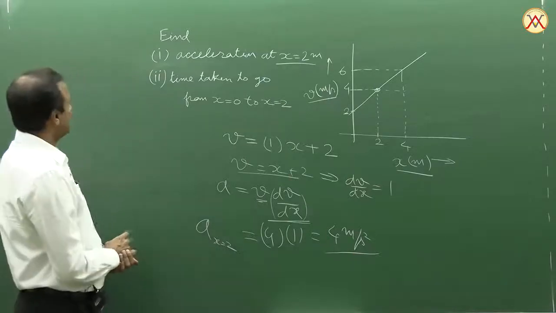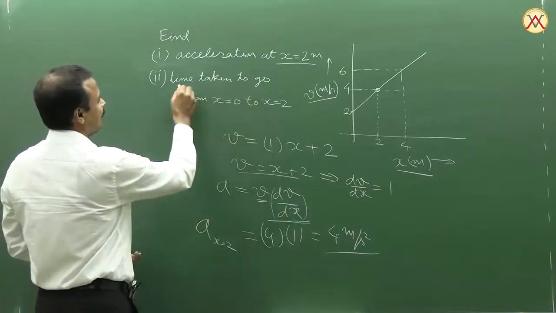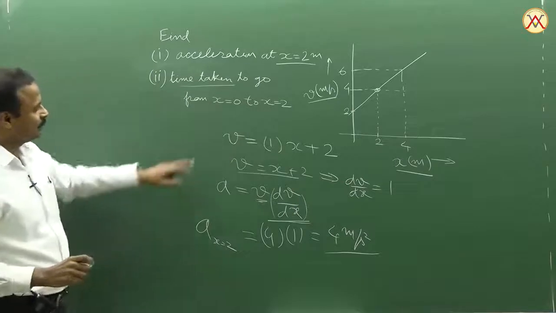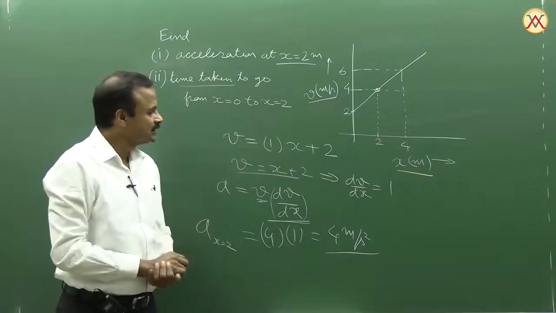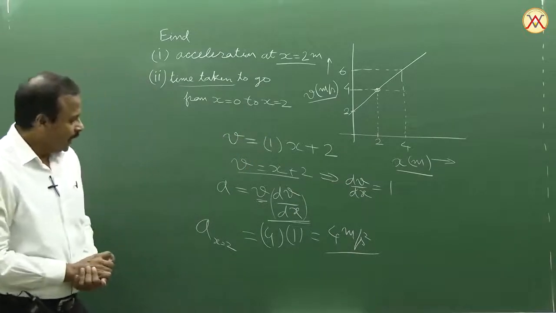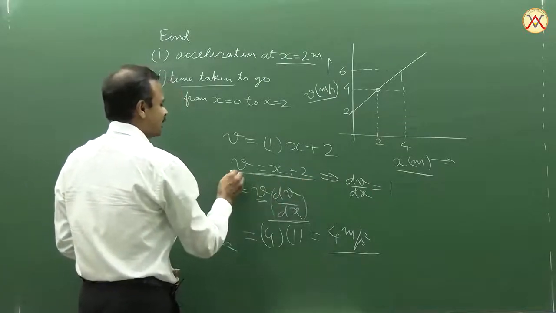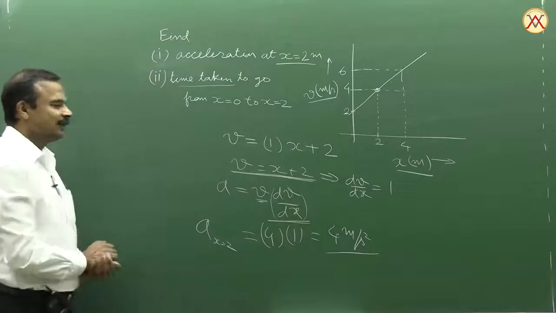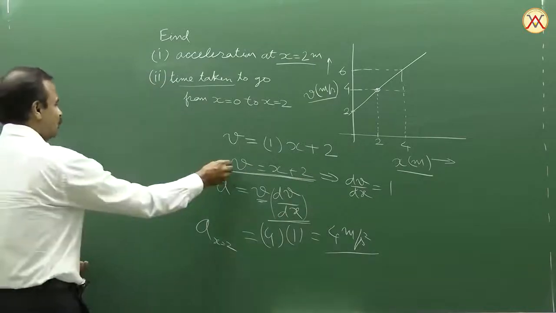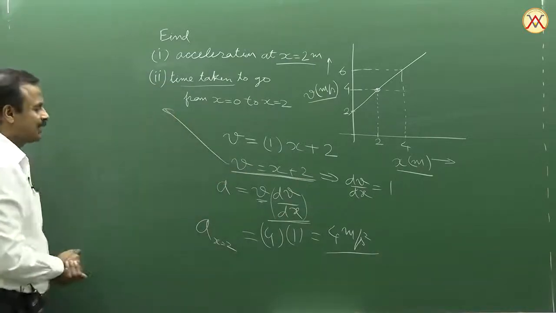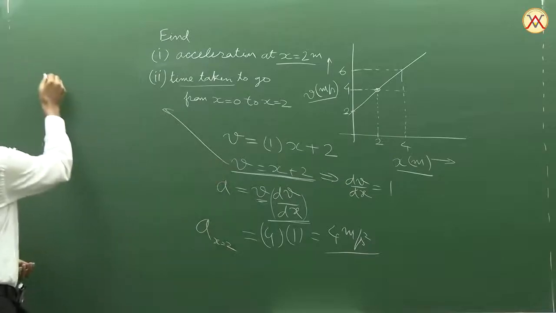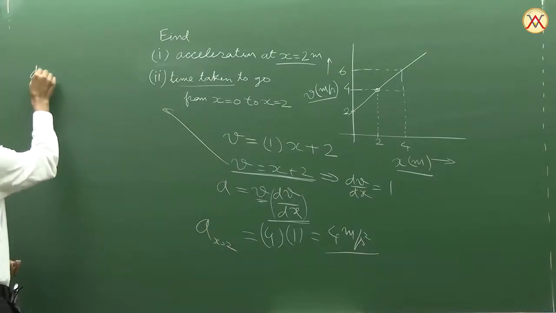Now to the second part, we have to find the time taken by the particle to go from 0 to 2. We have already got the relation of v in terms of x. We can use this to get time. We can write v as dx by dt.